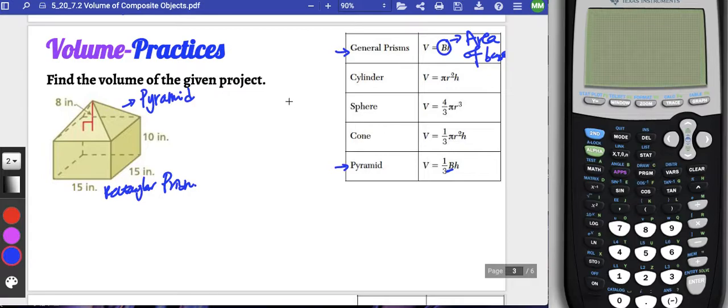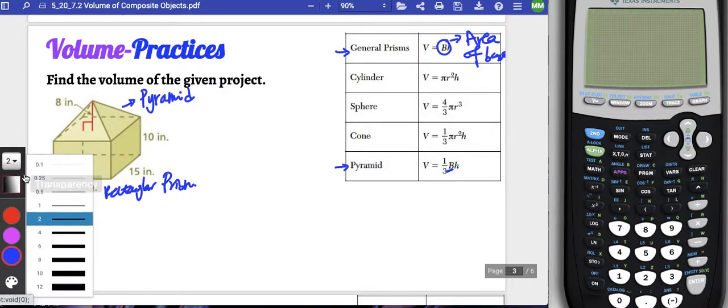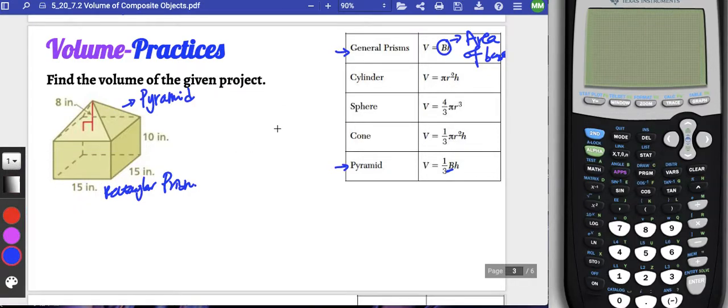To show the calculation more clearly, I'm going to write down the volume for the two parts, and later we can just add them together to find the total volume. That way you can see exactly what I'm doing to figure out the volumes. Okay, so the first part I'm going to find is the rectangular prism at the bottom.